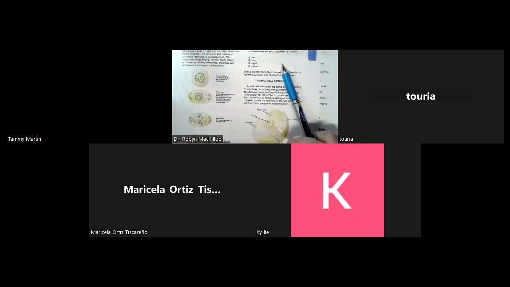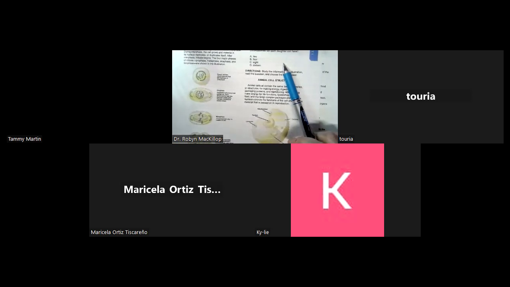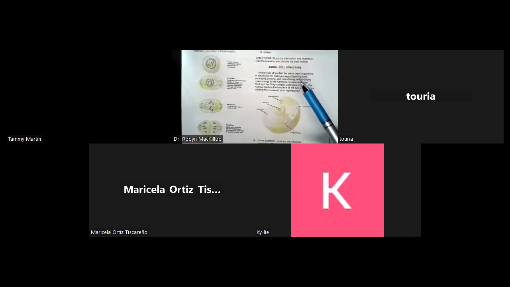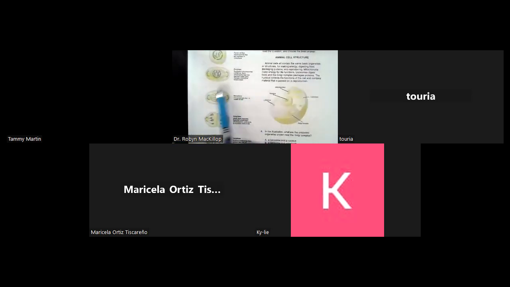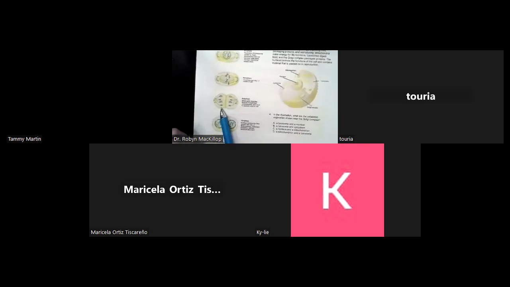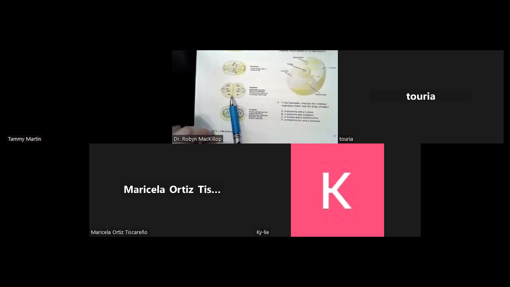If a parent cell has 4 chromosomes, how many chromosomes will each daughter cell have? Now, this is interesting. So we'll come over here and look. We've got sister parts separate, become independent chromosomes, and move to opposite ends of the cell. Does that help?